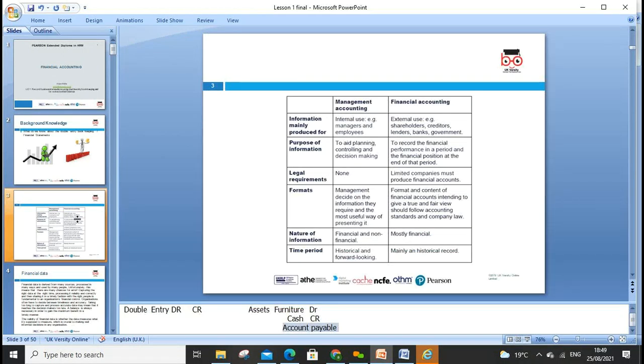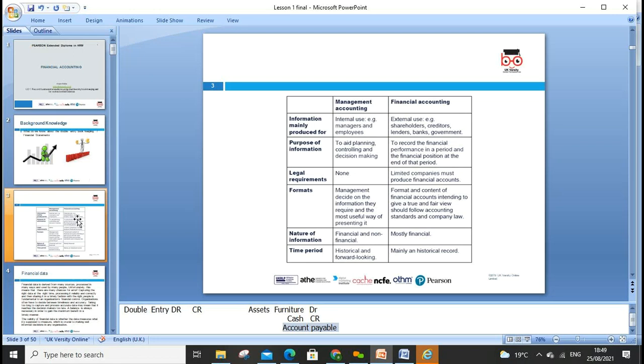Two types of accounts we have. One is called management accounts, which is internal. As a manager, we prepare management accounts, but financial accounting is external. We have to prepare the annual reports and submit them to HMRC, and if we are a public limited company, they have to be published at Companies House as well, which is compulsory.